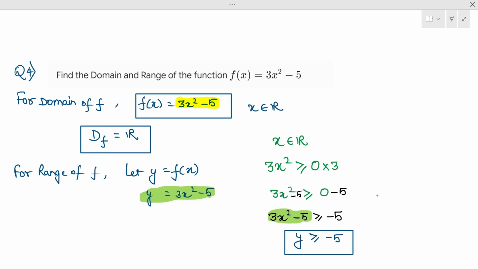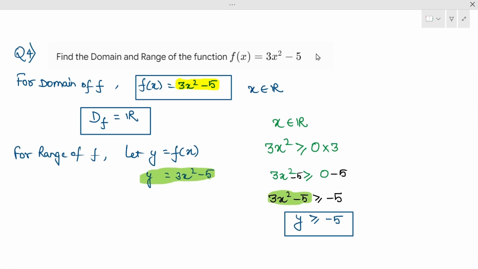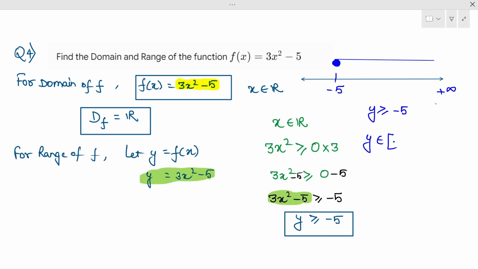So from here, if we draw a number line again, let's say this is minus 5. Greater than or equal to means we should color the circle and move forward till plus infinity. So y greater than or equal to minus 5 means y belongs to minus 5 closed and infinity open.